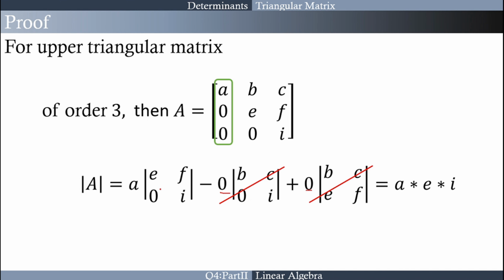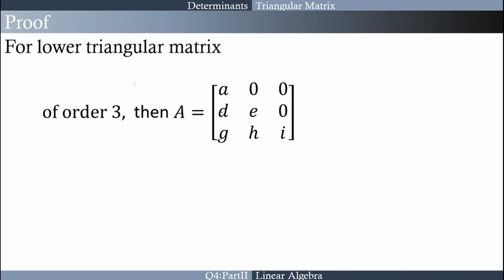We are only left with the product of the first entry and its minor. So the determinant is the product of a times the determinant of the remaining 2 by 2 matrix. Since if we multiply those two entries, this will give us 0, only the product a times e times i will give us the determinant of our matrix. As you can see, this product is the main diagonal of our 3 by 3 upper triangular matrix A. Similarly, if we work with our lower triangular matrix, we have everything above our main diagonal as zeros.